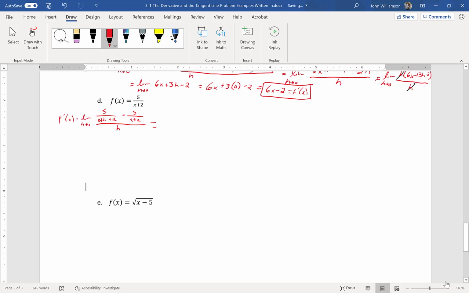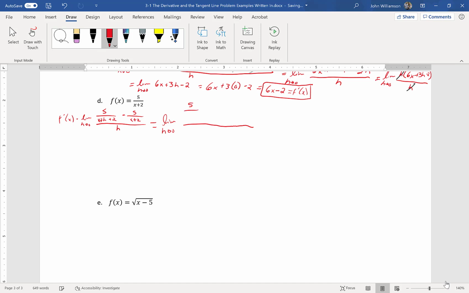So in this case, what we want to do is multiply the numerator of the complex fraction, and the denominator of the fraction as a whole, by our common denominator of x plus h plus 2 and x plus 2, which in this case is just the product of the two.